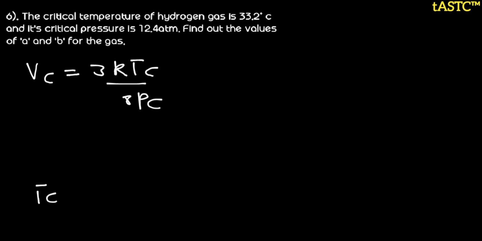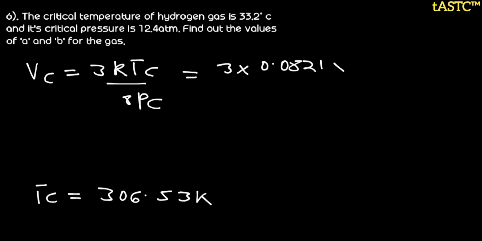We know T sub C is equal to 306.53, right? Kelvin. So we're going to plug that into the equation. So this is 3 multiplied by R, R will be 0.0821, multiplied by T sub C, and T sub C is basically 306.5.